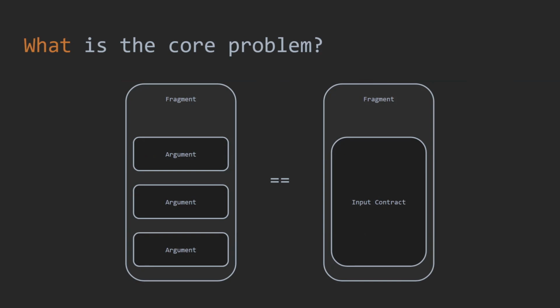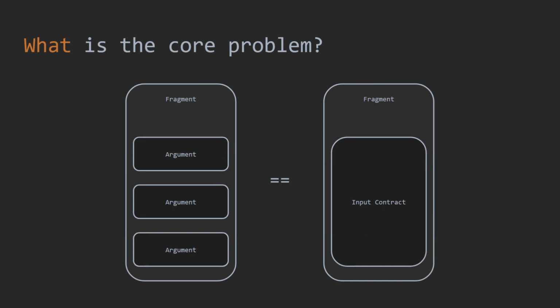The fragment owns the input contract with AndroidX Navigation, and that means the contract has to live in a module that knows about the fragment, which is going to either be the module the fragment is defined in, or the application module, or I suppose the core module if you're happy to put up with broken references filling your navigation graph. But essentially what this means is that we can't really move the input contract into a module that doesn't know about the fragment in a nice way, which is what we would really want to do in a multi-module project.